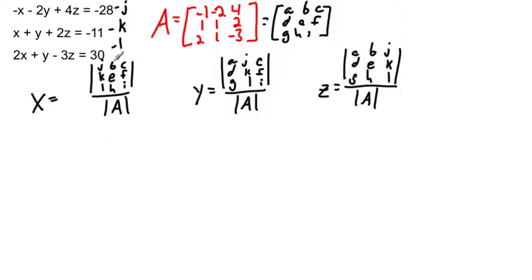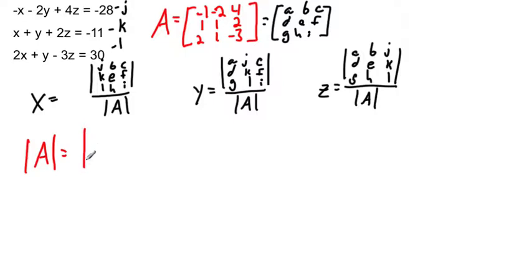I don't have to memorize anything as long as I understand that this coefficient matrix is my numerator, except I'm just taking out the column for the variable I'm solving for and replacing it with J, K, and L. So now I can do some calculations.